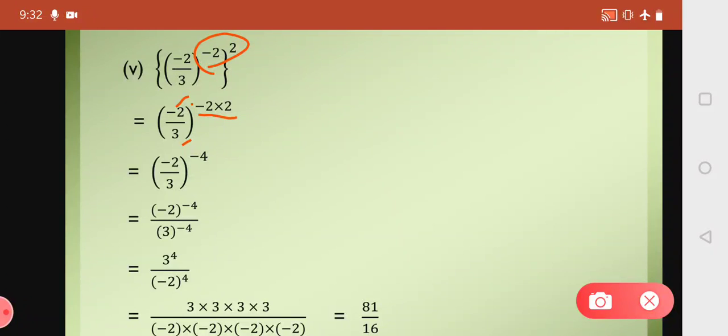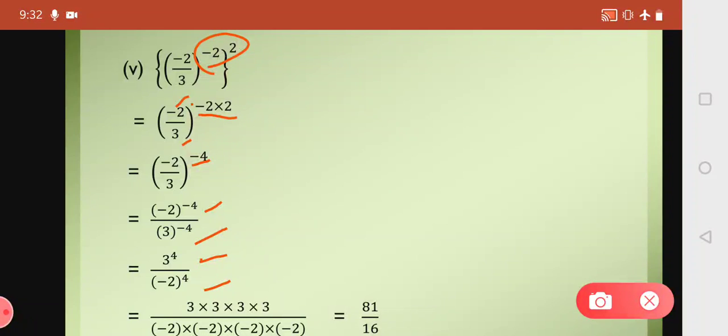Multiply these powers, that is minus 2 upon 3 whole raised to minus 4. That is, we split the powers now, that is minus 2 raised to minus 4 upon 3 raised to minus 4. Again reciprocal of negative powers, so 3 will come up with positive power and minus 2 will go down with positive powers, that is 3 raised to 4. Here you can see 3 raised to 4 upon minus 2 raised to 4.